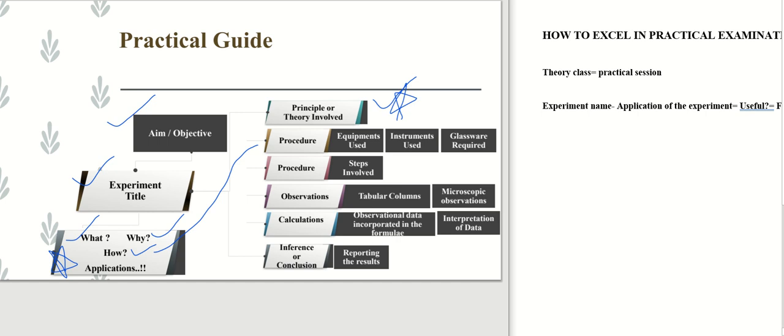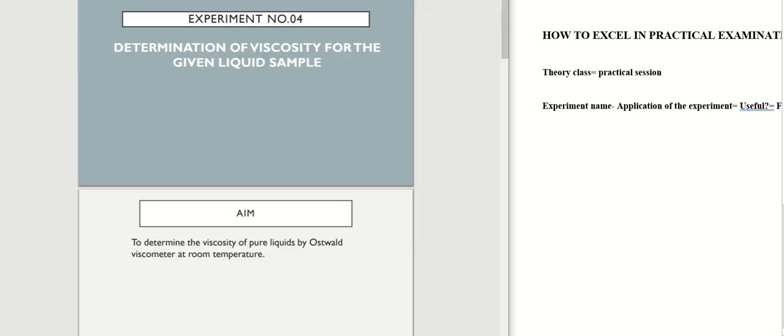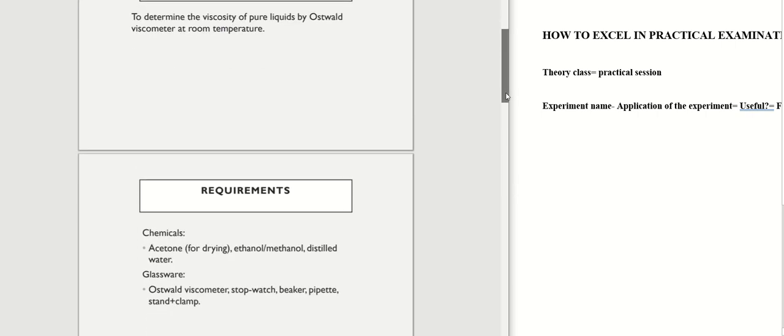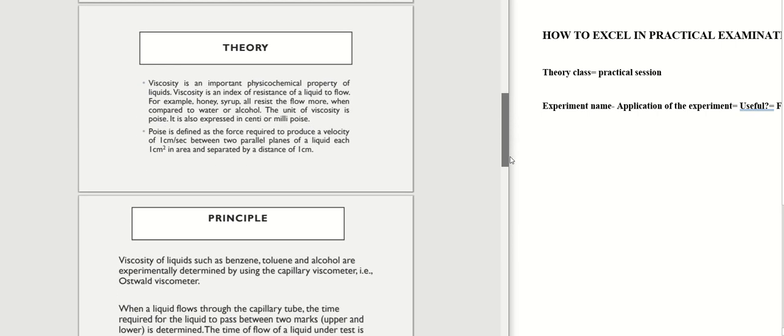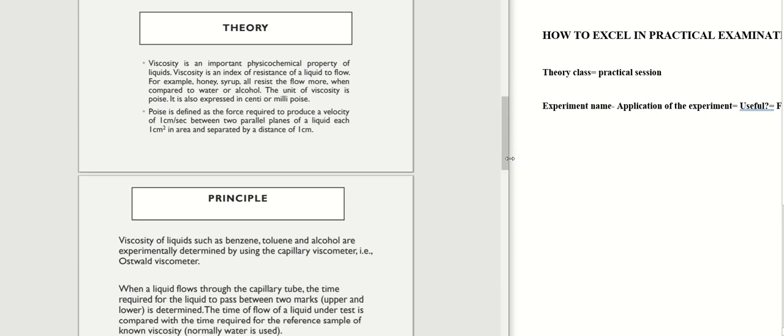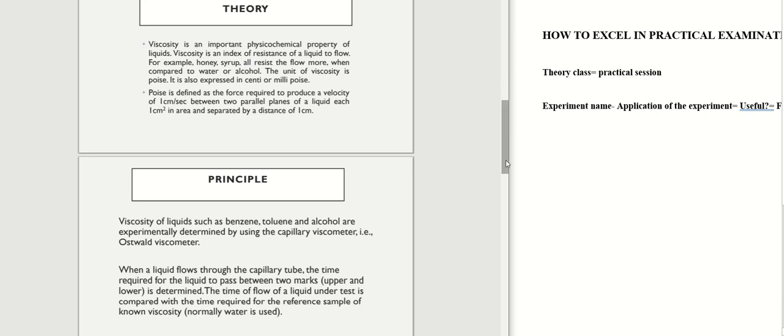For example, let's see this. We are discussing the determination of viscosity. We have taken this experiment as an example. And let's see the principle or the theory involved in this. So first of all, you need to write down the definition of that particular parameter.